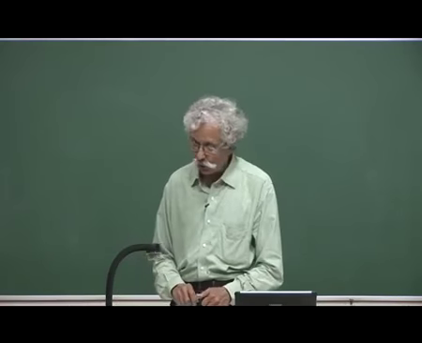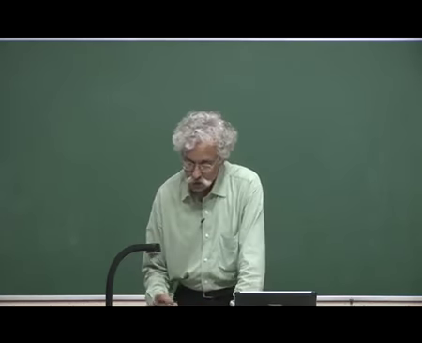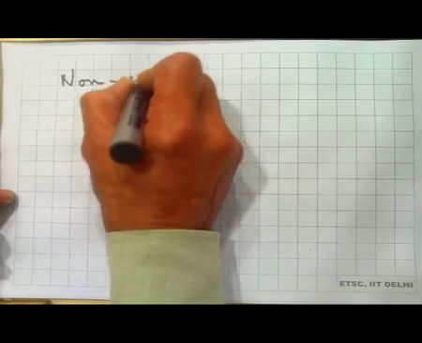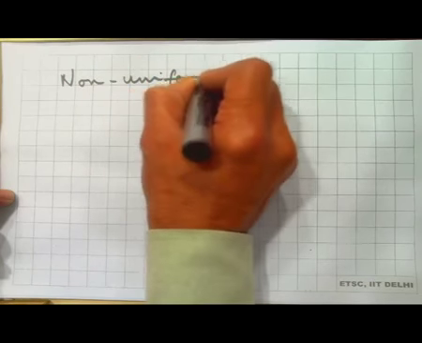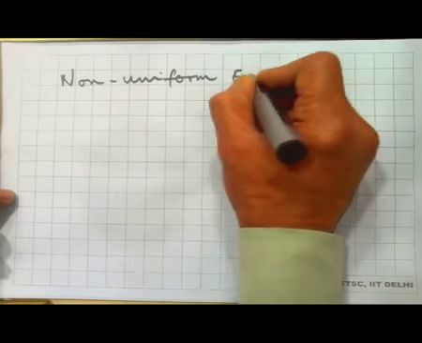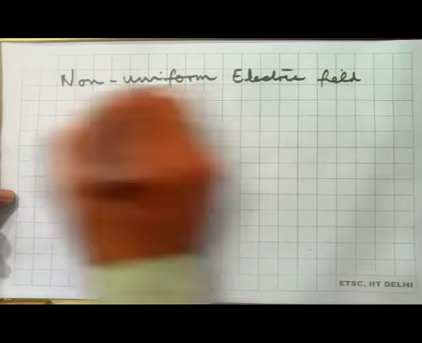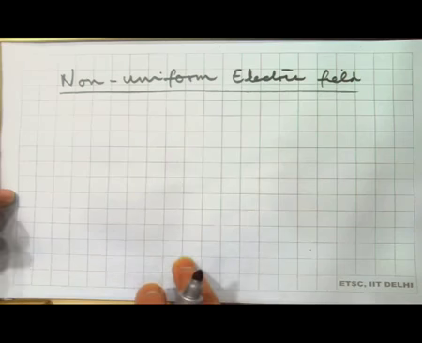Now, what will happen if the electric field is non-uniform? Non-uniform electric field, that means electric field depends on position.